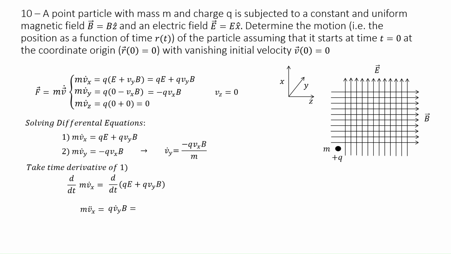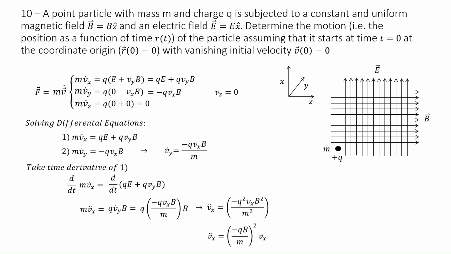From our second equation, if we rearrange it slightly, we get v dot y equals minus q vx B over m. We can substitute this into our equation below, put the q into the bracket and the B into the bracket, and divide by m from the front, and we get v double dot x equals minus q squared B squared vx over m squared.